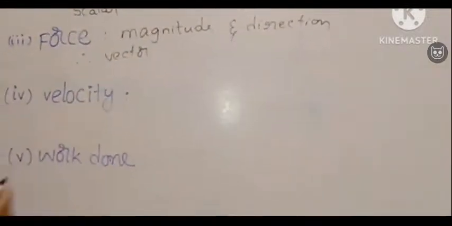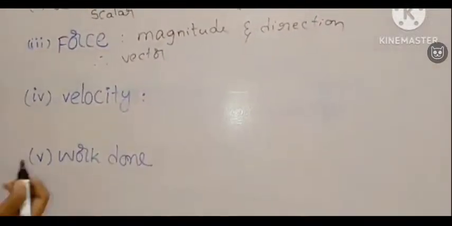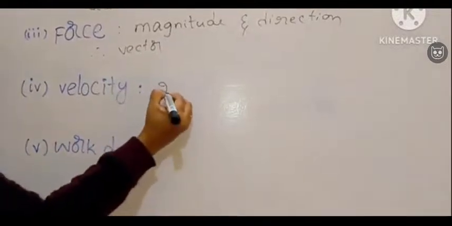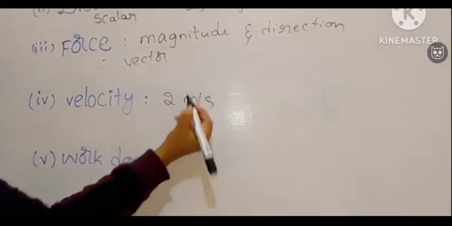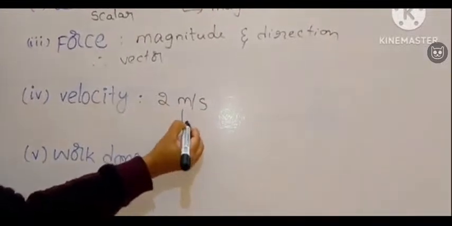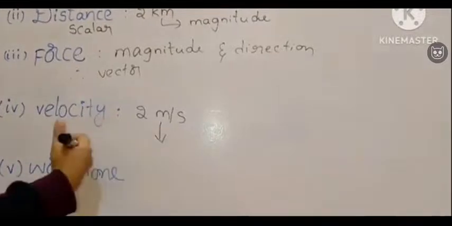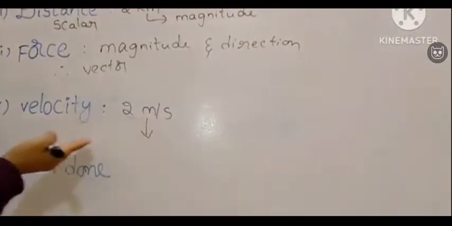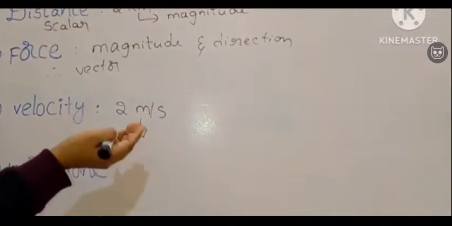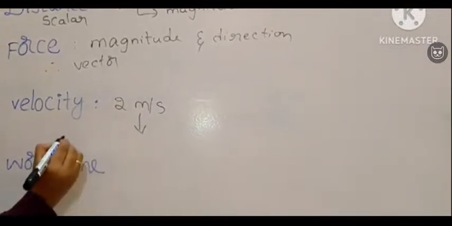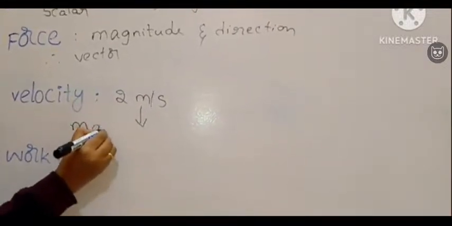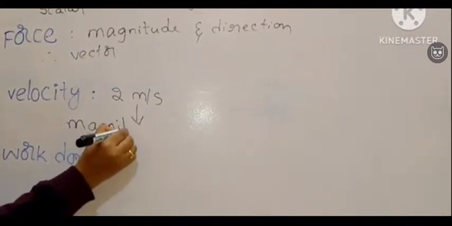Coming to the next one, velocity. For example, I am taking the velocity 2 meter per second. This meter represents magnitude and per second it has direction. So it's moving, and moving means it has direction. So it has both magnitude and direction.